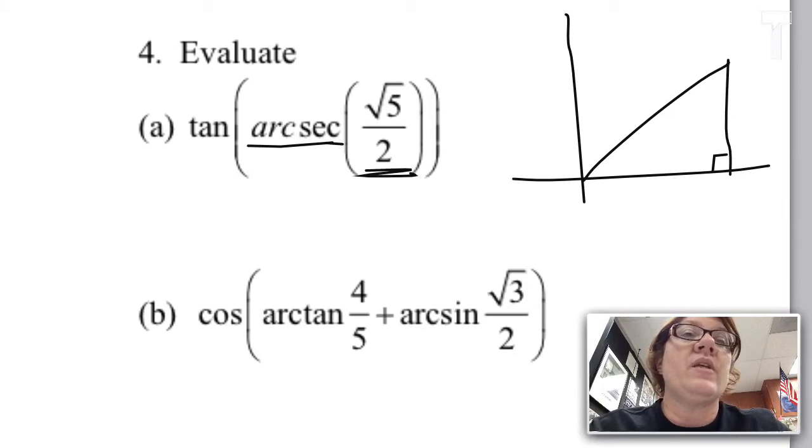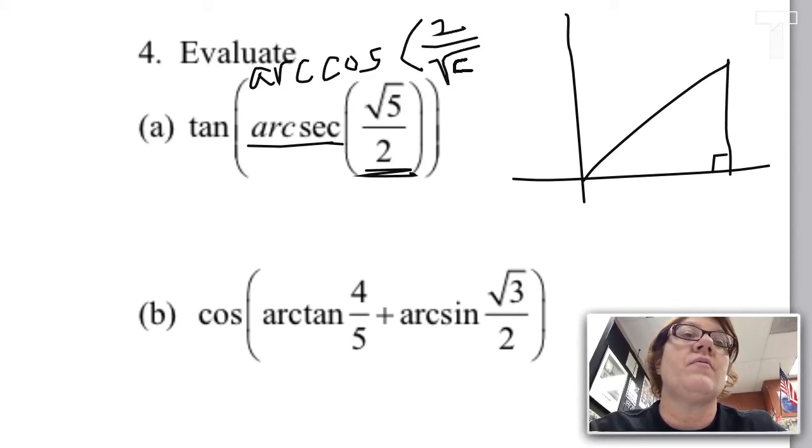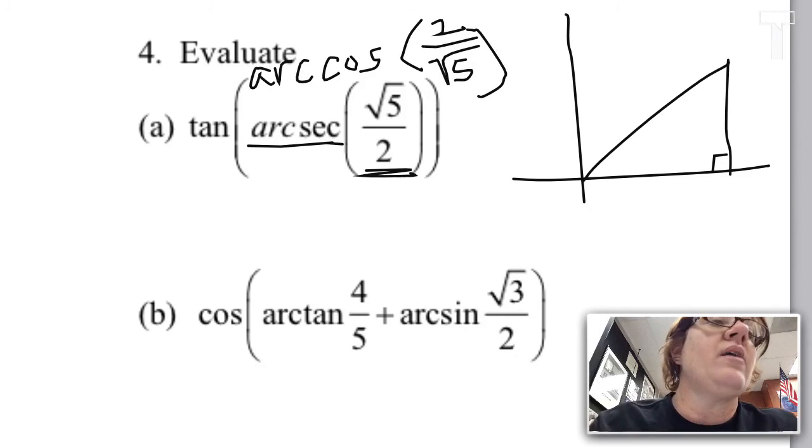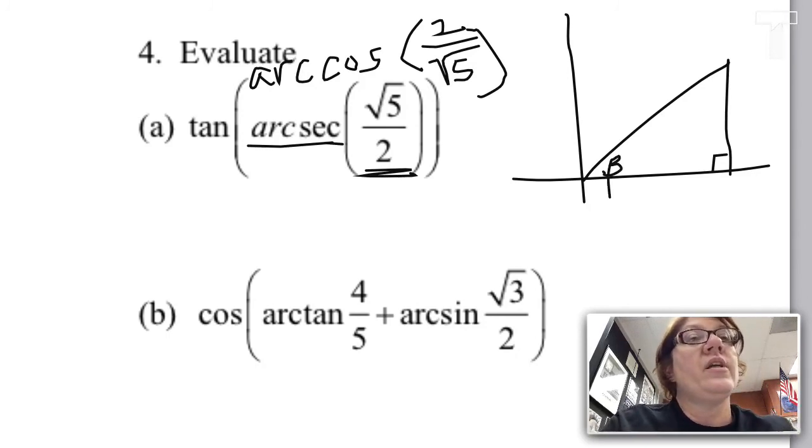So remember, if the secant is square root of 5 over 2, then the cosine is 2 over square root of 5. So for this angle, I'm going to call him beta. For this angle, I know that the adjacent is 2 and the hypotenuse is square root of 5.